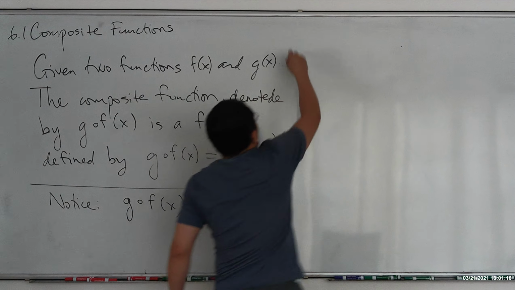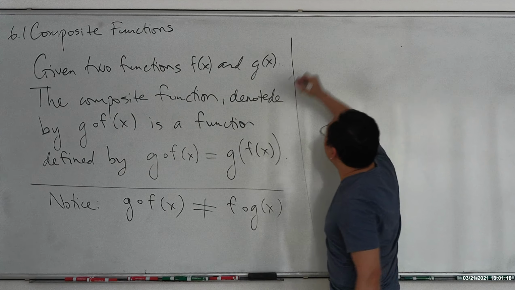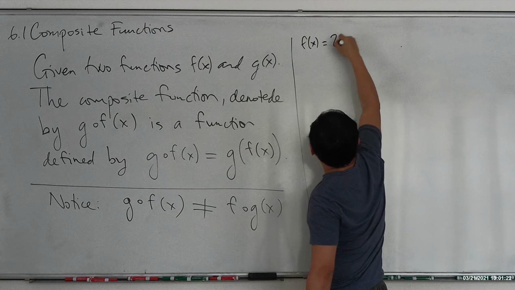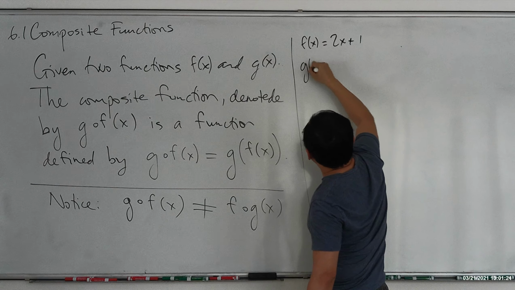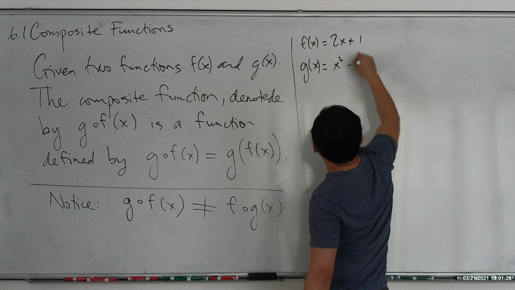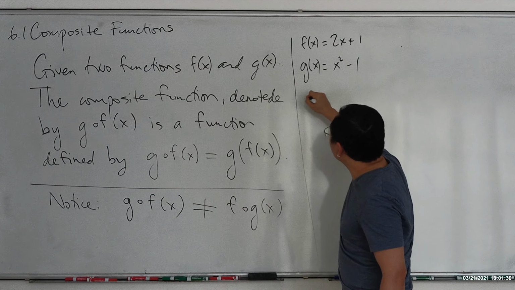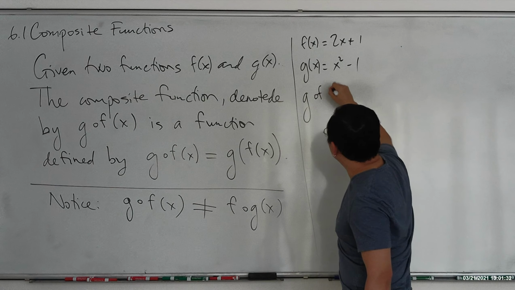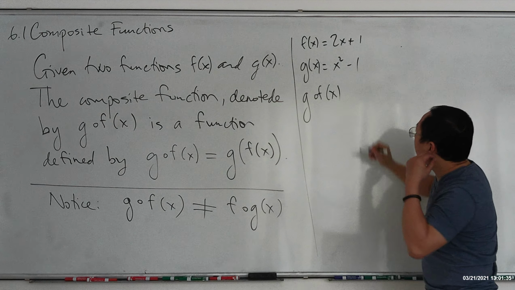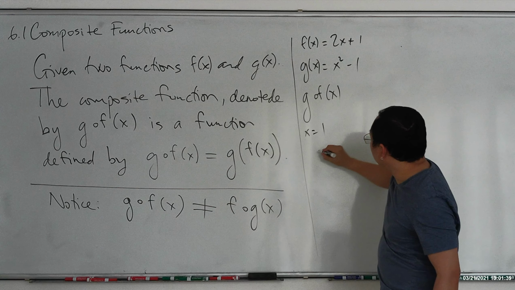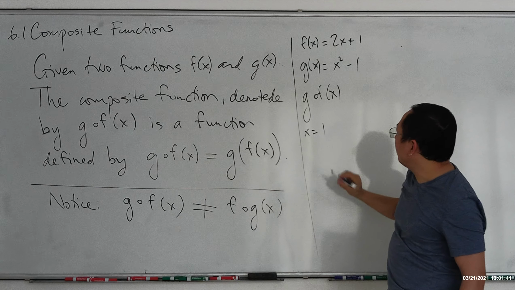Let me try to convince you with that. I'm going to use the same example as before. Say we call f of x was 2x plus 1, right? And g of x was x squared minus 1. So g of f of x, say, when x equals 1, I want to calculate g of f of 1.